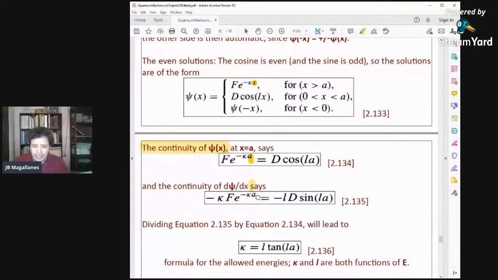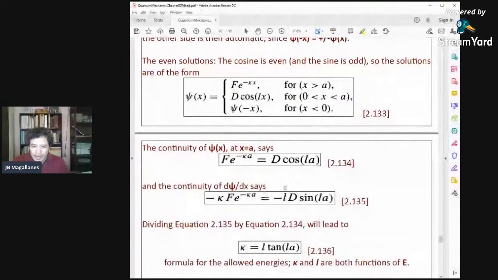So you have to change x with a so that you also get the derivative of this with respect to x, and then evaluate that at a also. So you will now have these two equations.